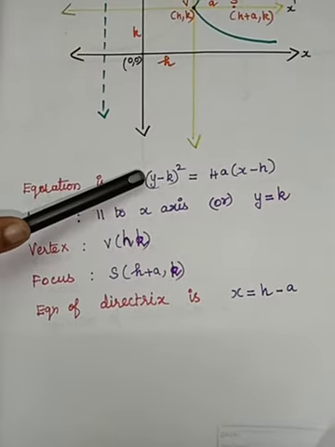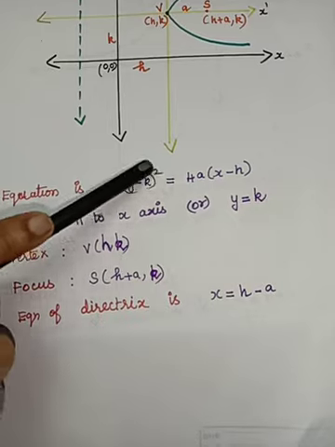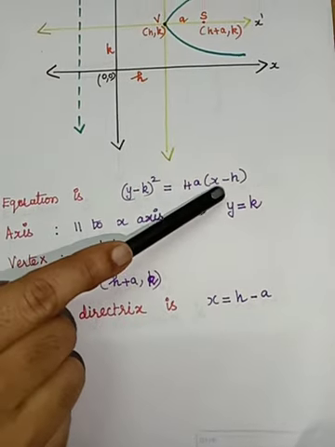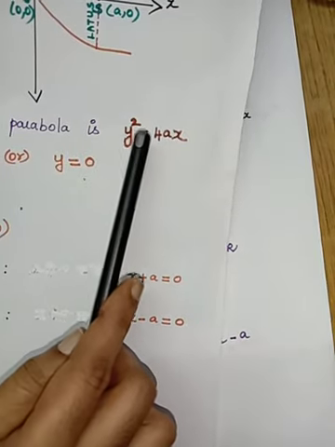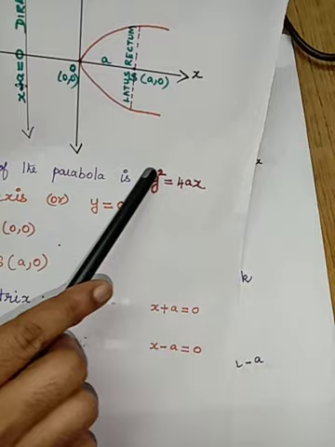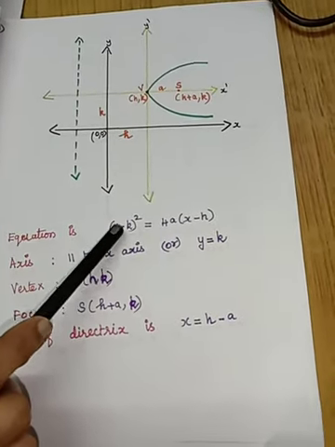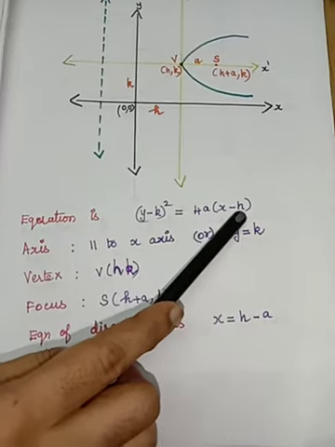It is y minus k the whole squared is equal to 4a into x minus h. Previously it was y squared is equal to 4ax with vertex 0, 0. Now y is changed to y minus k the whole squared is equal to 4a into x minus h.